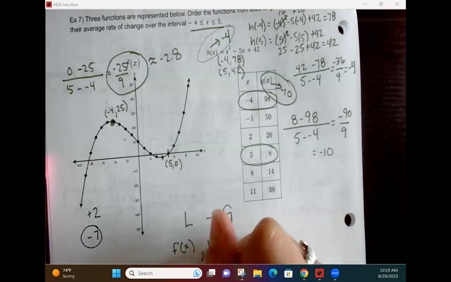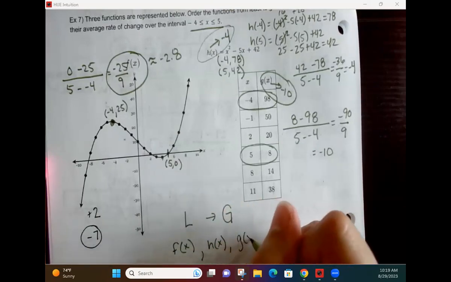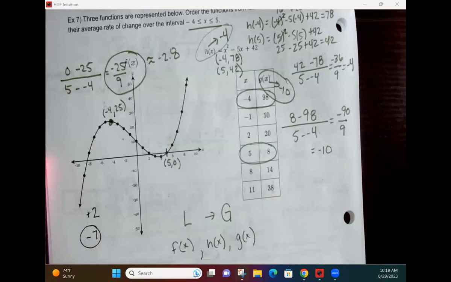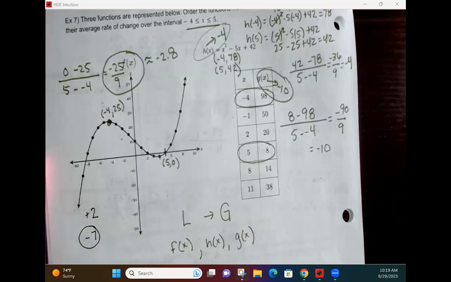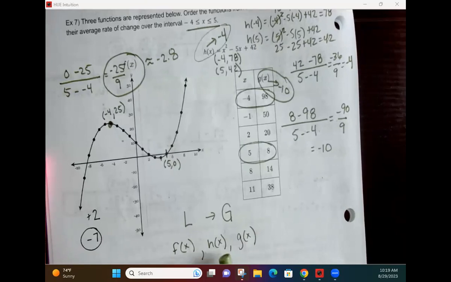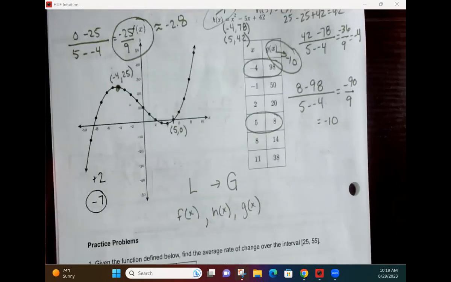H of x, meaning that g of x had the greatest change. If I ask you to order these by the value, this is the smallest number of the values that we found, but I'm asking about that amount of change. So f of x, h of x, g of x would be our order there.